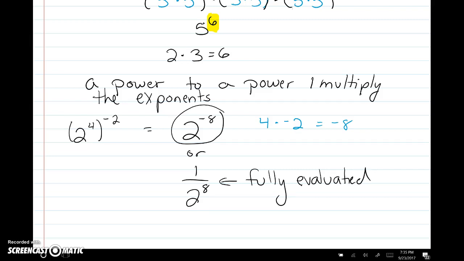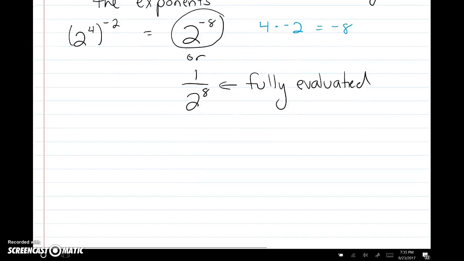Actually, yep, fully evaluated. Let's do some practice problems on your own. I believe we're on number 7. Let's do 8 to the 4th to the 7th. Then write your answer in the box when it appears. Number 8.